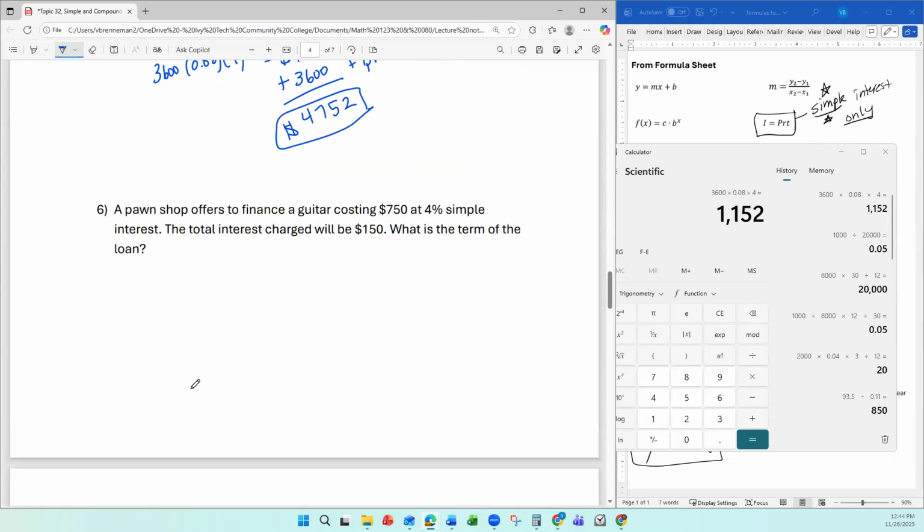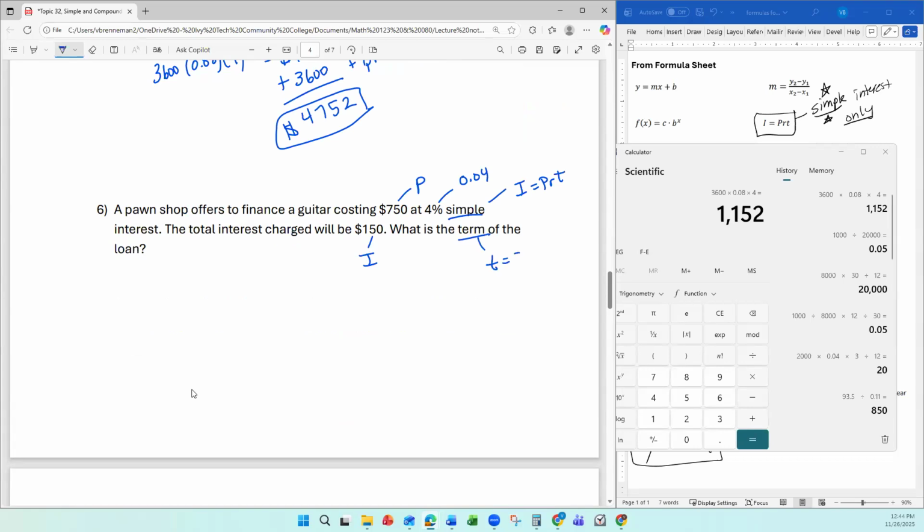And number 6, a pawn shop offers to finance a guitar costing $750. That's P, at 4%, 0.04. Simple interest again means we have that I equals PRT relationship. The total interest charged will be $150. That's I. What is the term?